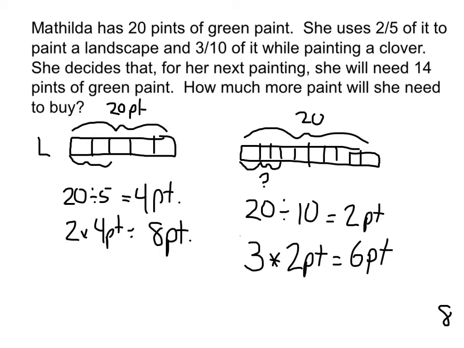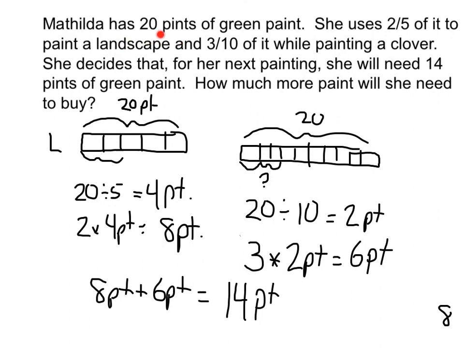That's 3/4 of a gallon of paint for one clover. My goodness. So I've used a total of 8 pints for the landscape plus 6 pints for the clover, for the monster clover, and that gives me 14 pints of green paint used.